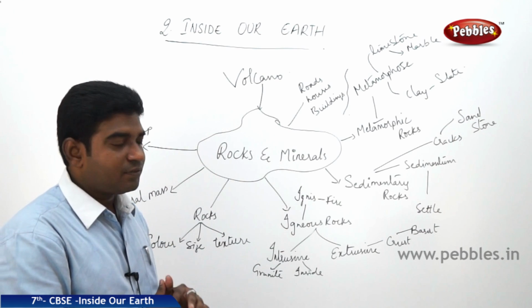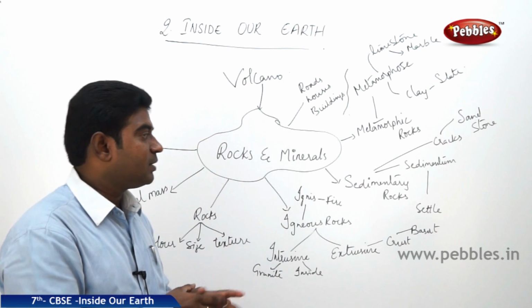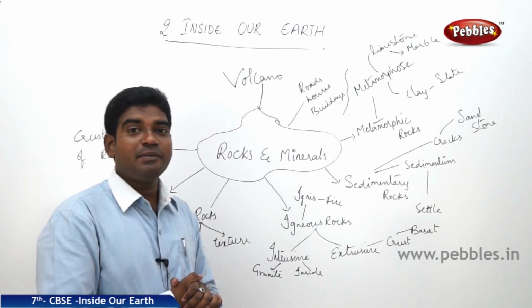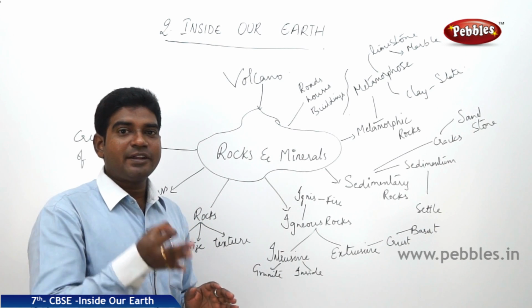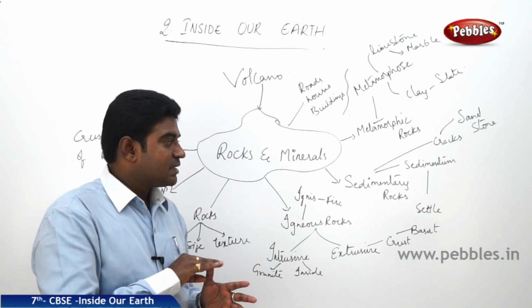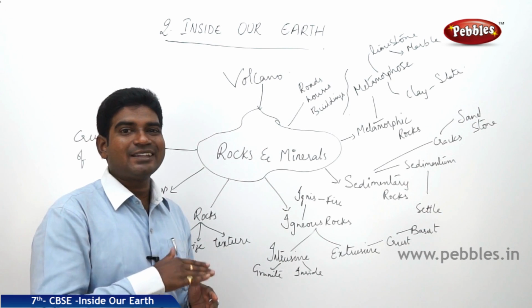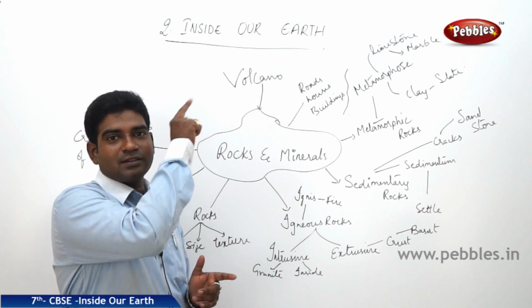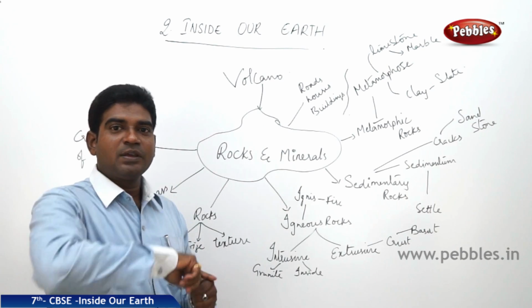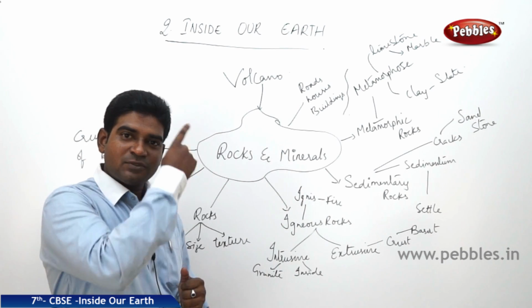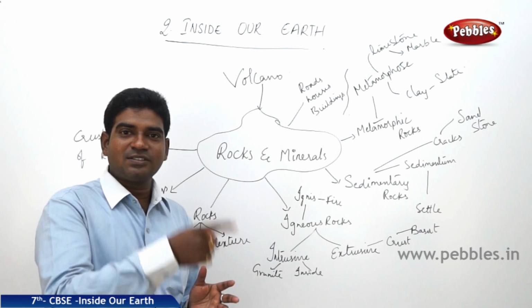Sedimentary, the word sedimentary, we are getting it from the Latin word sedimentum. Sedimentum in Latin means settle down. What is settling down here? Again, go back to the volcano, bursting outside, flowing down for months and months.